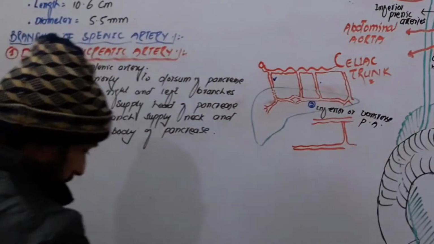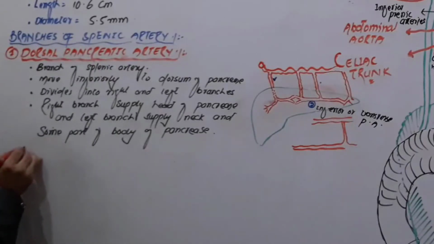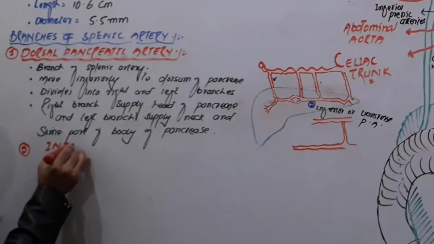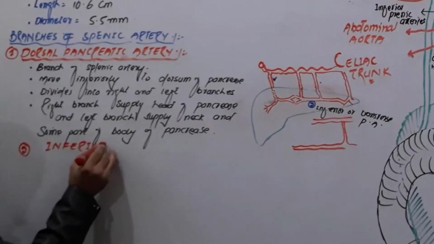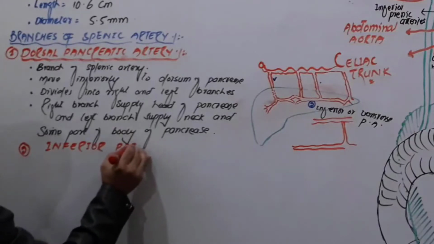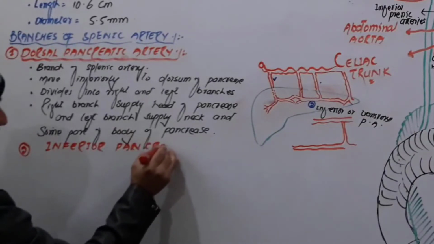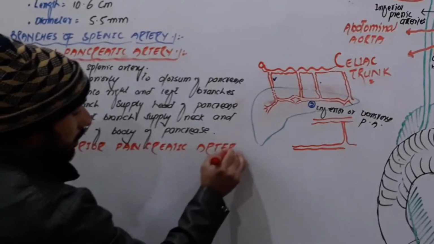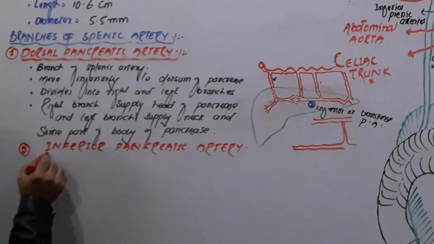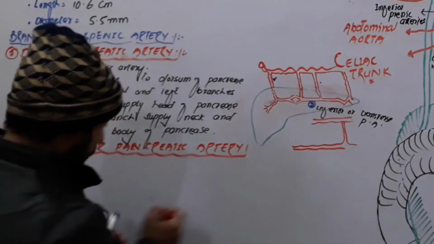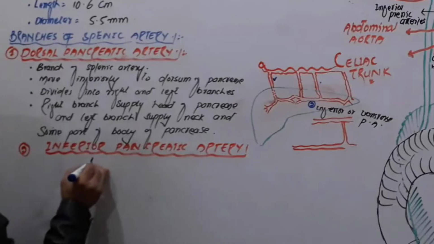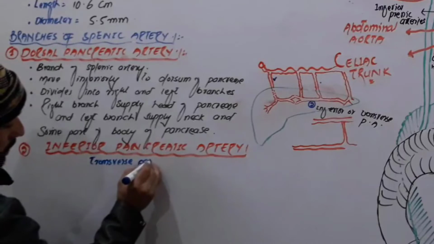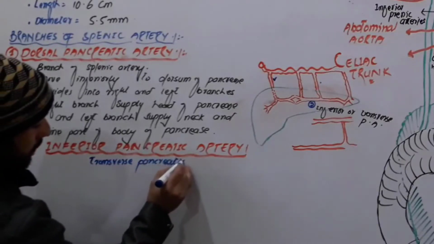So the second branch is the inferior pancreatic artery, or the transverse pancreatic artery.